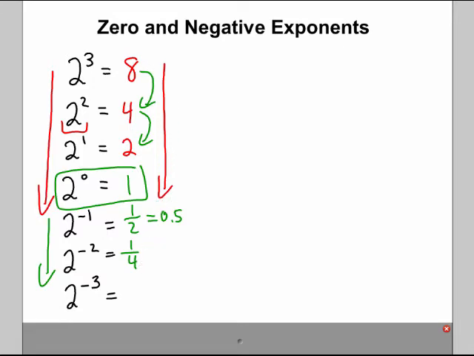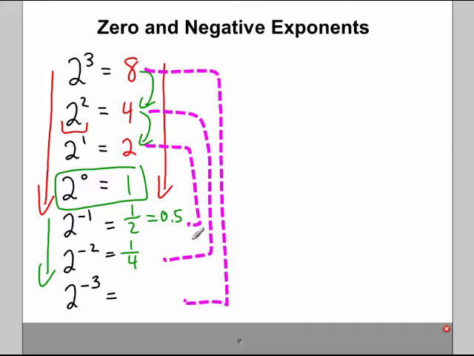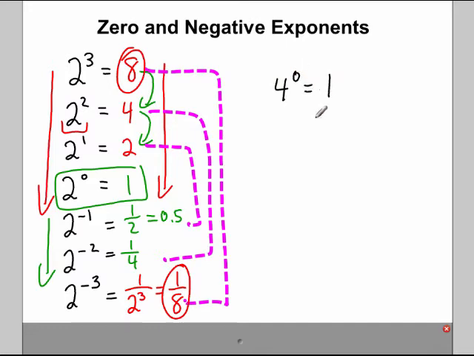You'll also notice that there's a pattern between answers with positive and negative exponents. So for example, 2 to the negative 3 gives the same answer as 1 over 2 to the positive 3. In other words, its answer is the reciprocal of what it was when we had a positive exponent. And so these patterns tell us how zero and negative exponents work. If you have any number to the exponent 0, it's going to come out to be 1.